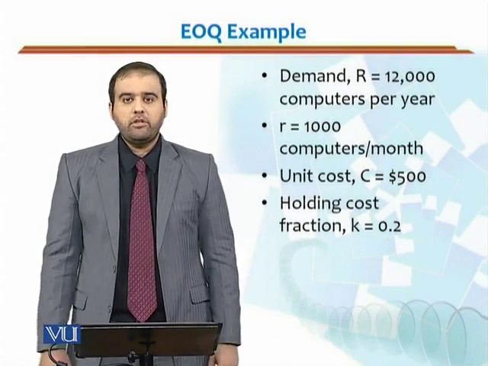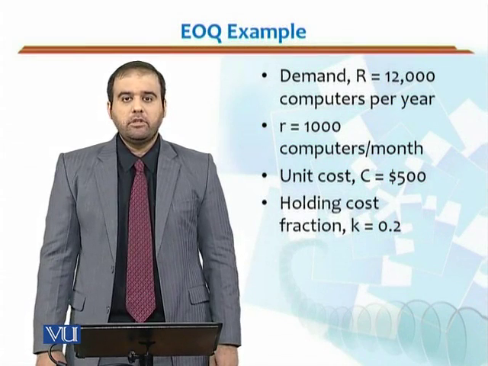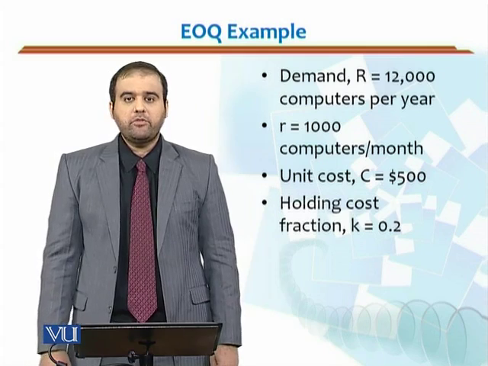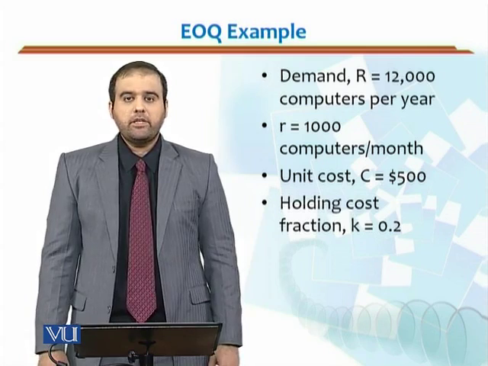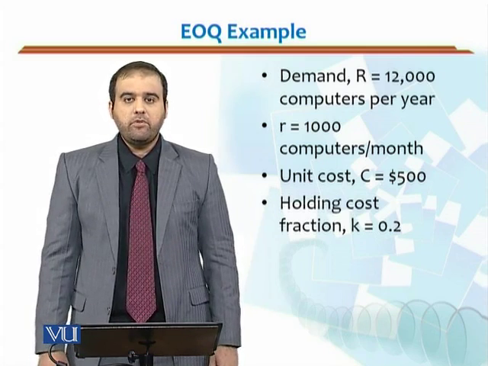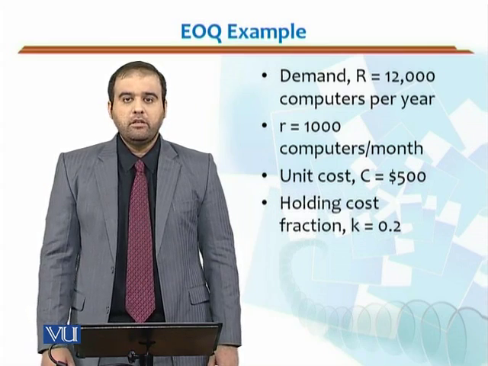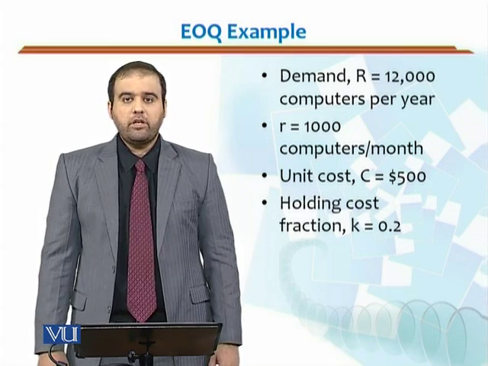Dear students, now let us look at one of the examples for economic order quantity. Economic order quantity, as we know, is actually used for achieving economies of scale. So we discussed that it was one of the aggressive inventory policies. When we say it is an aggressive inventory policy, we mean that the trade-off is between the holding cost and the ordering cost.